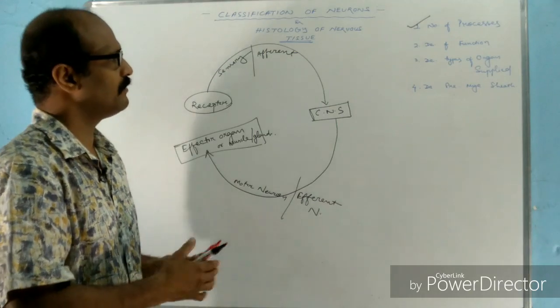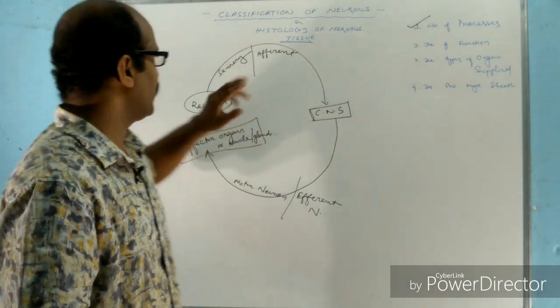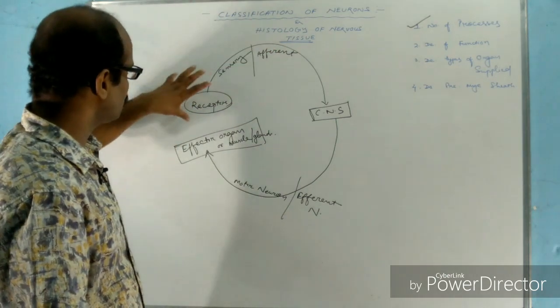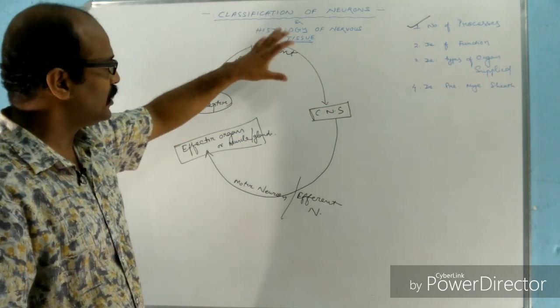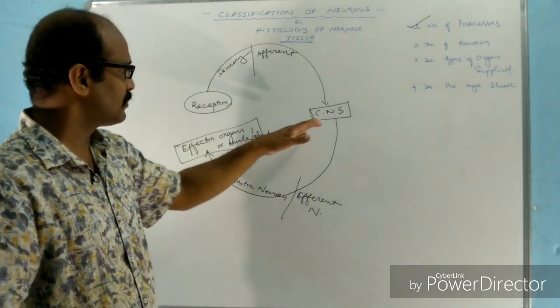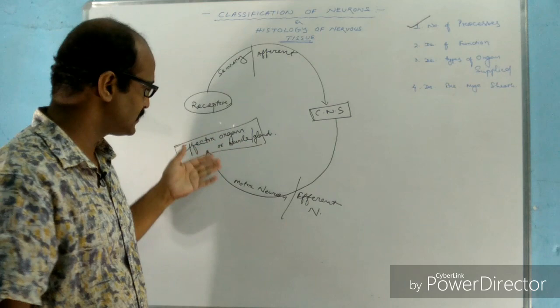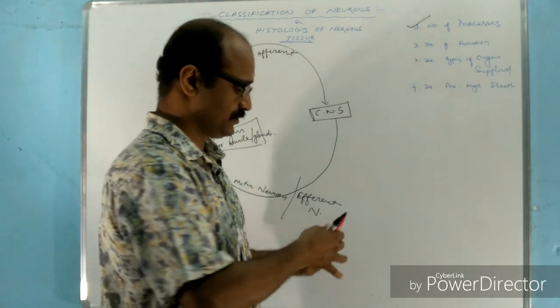So depending on function, neurons are of 2 types: sensory or afferent, which convey the nerve impulse from the sensory organs to the brain or spinal cord; and if the motor impulse is conveyed from the central nervous system to the effector organs of the muscles or glands, these are known as motor neurons or effector neurons.